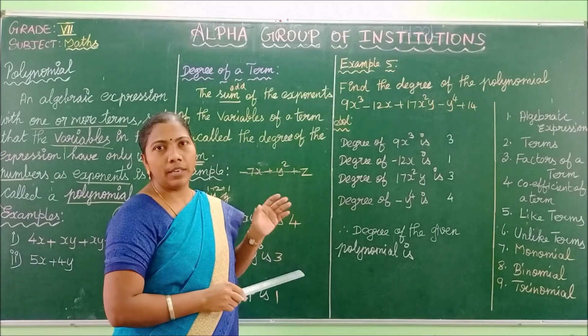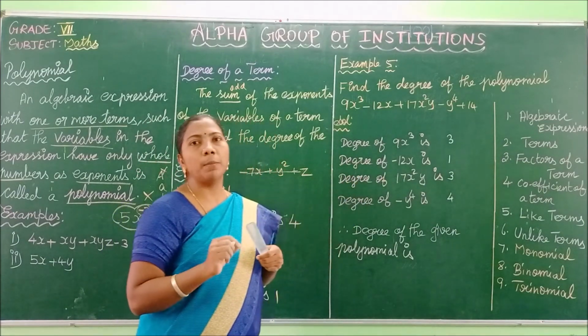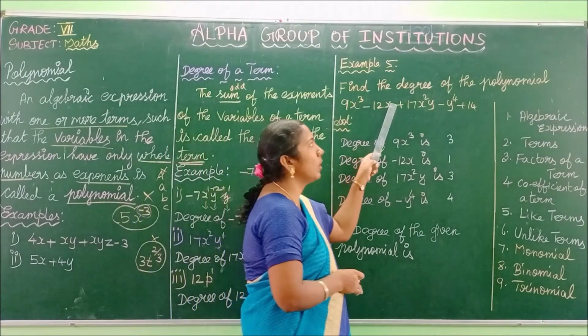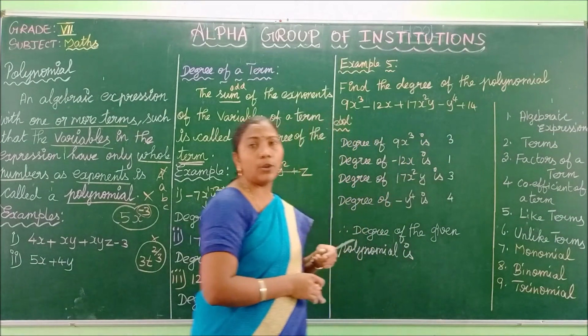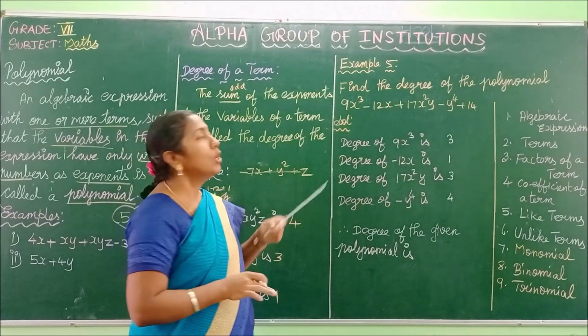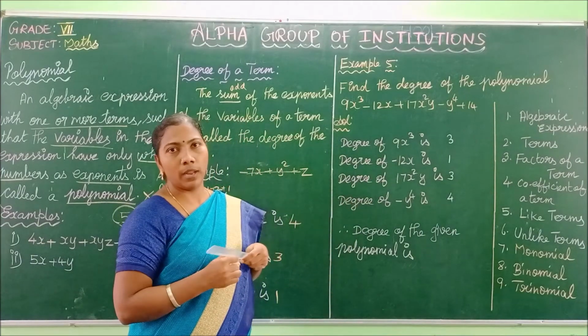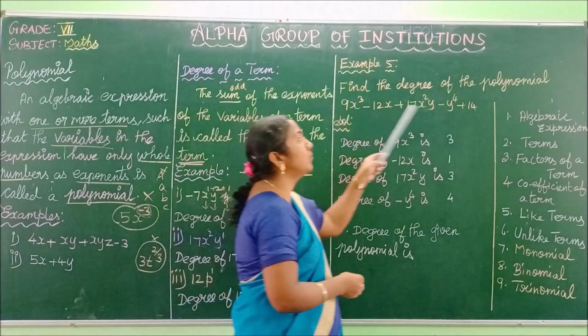Because all the variables involved in this algebraic expression have powers that are whole numbers. See here, 3 is a whole number, 1 is a whole number, 2 is a whole number, 1 is a whole number, 4 is a whole number. You have to observe the powers of the variable. So we can easily call this algebraic expression a polynomial. Do you understand?